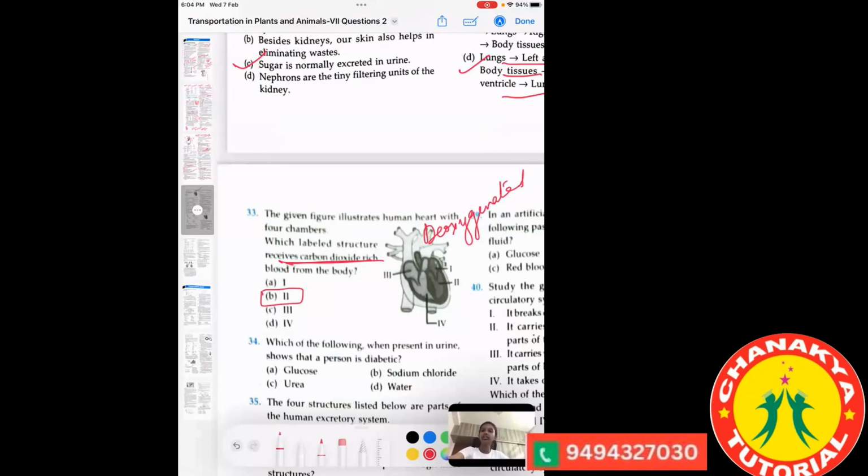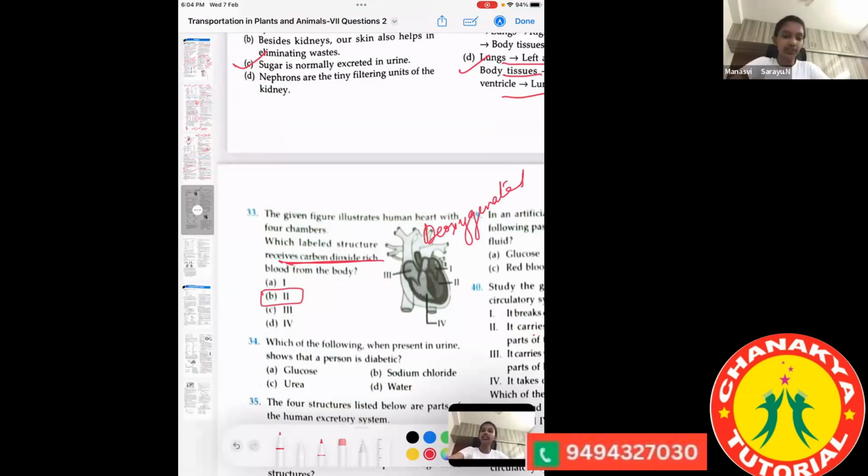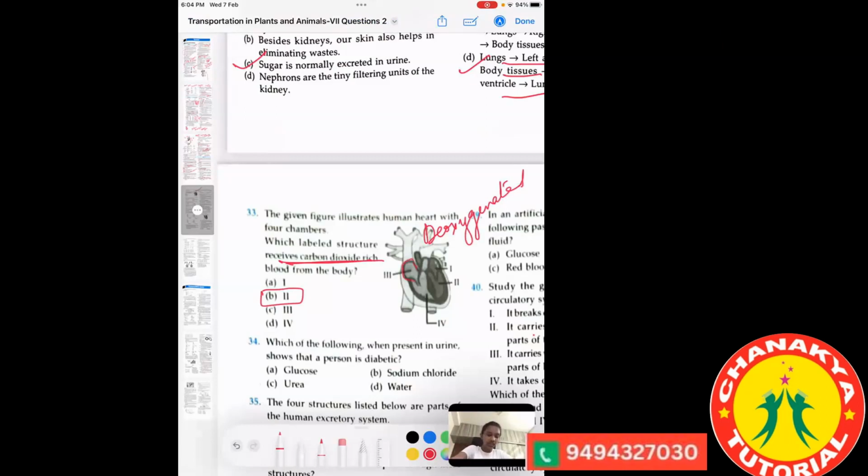Unmute yourself, I can't hear you, Manasvi. So this is the right auricle, right? The right auricle will be receiving the deoxygenated blood, which means the blood rich in carbon dioxide. Okay, so the answer is C.